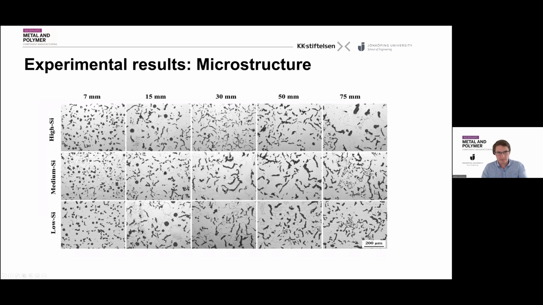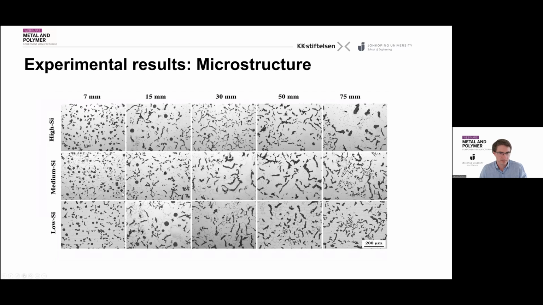So what do we get? Well, as you can see, these are the microstructure results for different alloys and different thicknesses of the samples here. And you can see this varies a bit. If you quantify this with microscopy, we can measure the nodule count and the morphology. We can also see if we find any perlite in here.